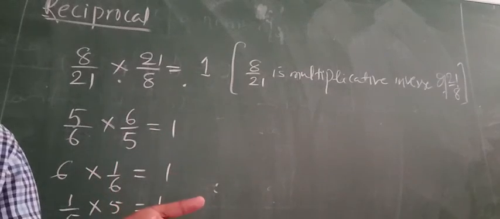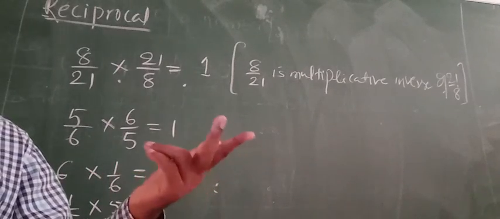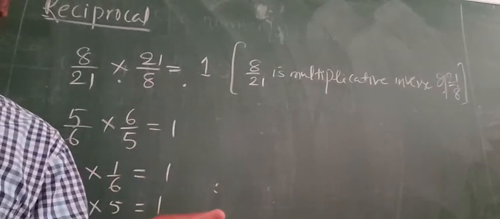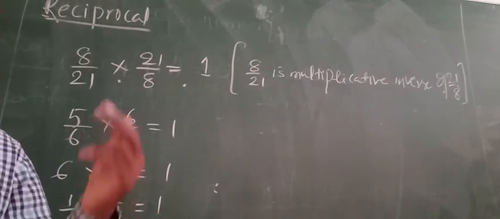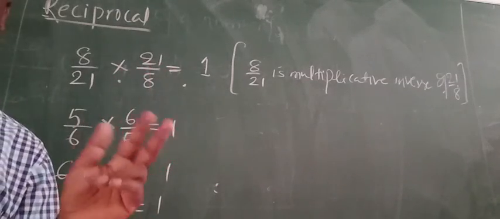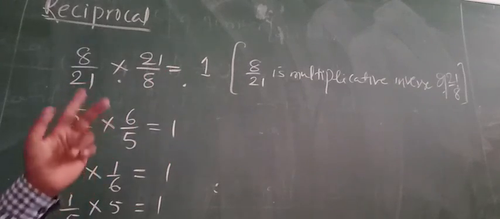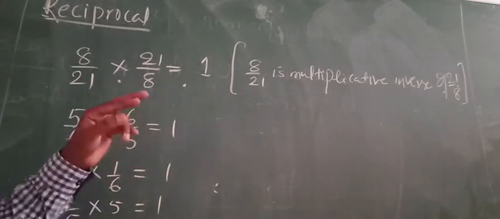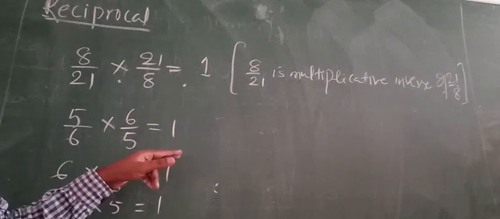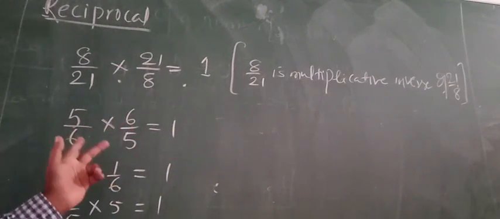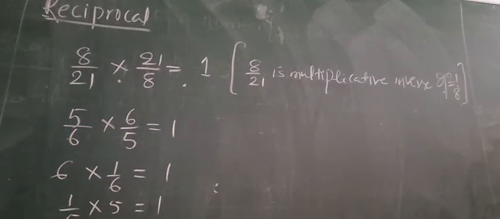Just like in addition, when you add two numbers, if you get the additive identity, then we can call them additive inverse to each other. Same way here, when you multiply two numbers, if the product is 1, then we call that multiplicative inverse to each other. Is it clear to all of you?